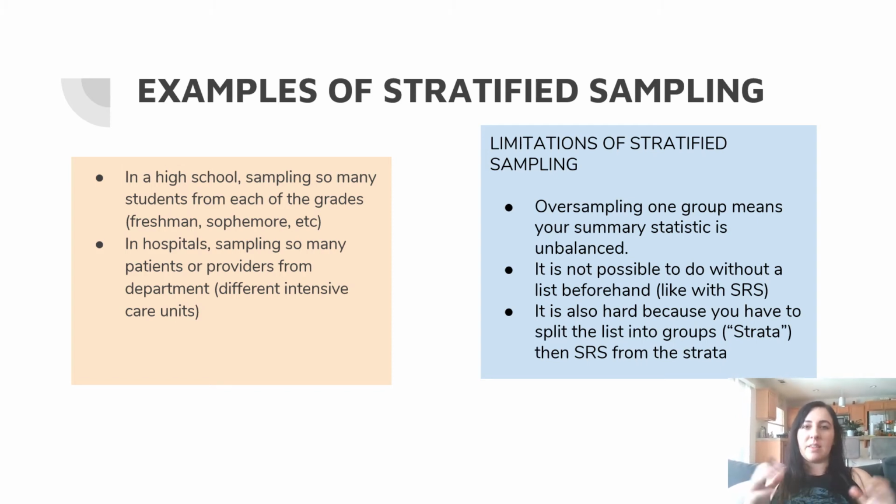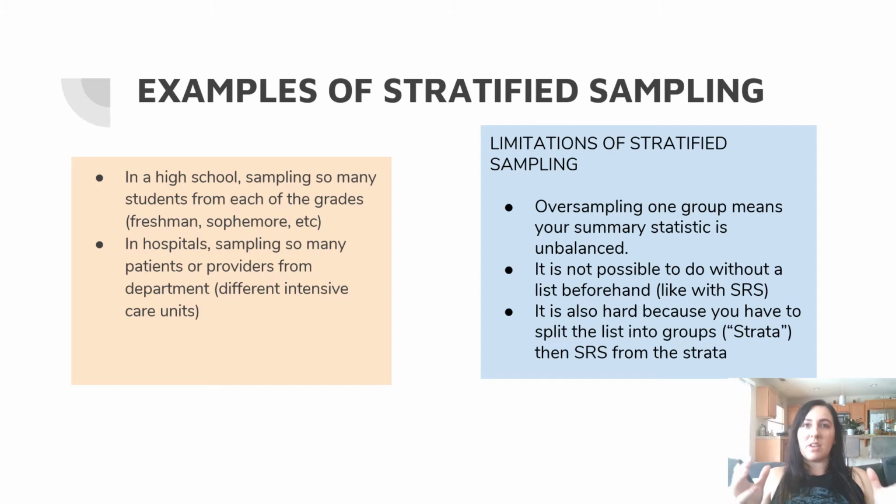And you want to look at the patients specifically, or you want to look at the providers from these departments. In some hospitals you might have more providers. Some hospitals might have less providers. You can't necessarily take your simple random sampling.